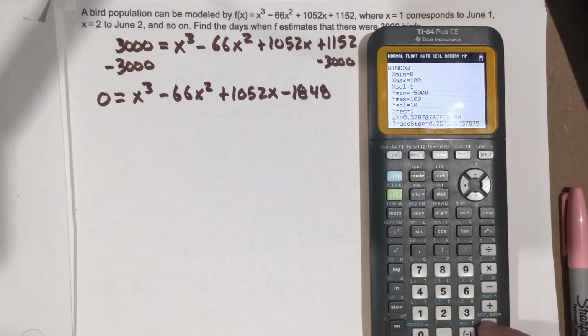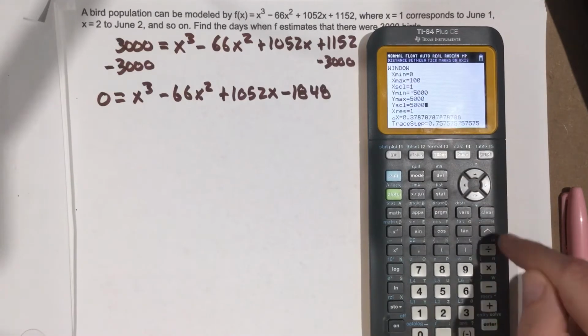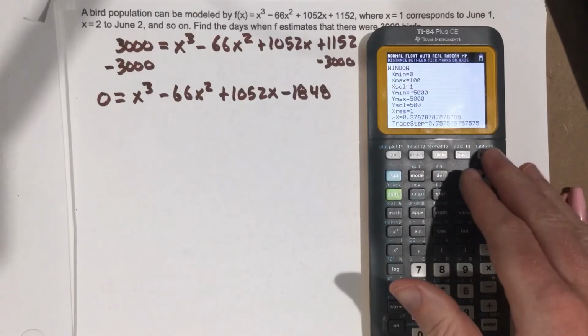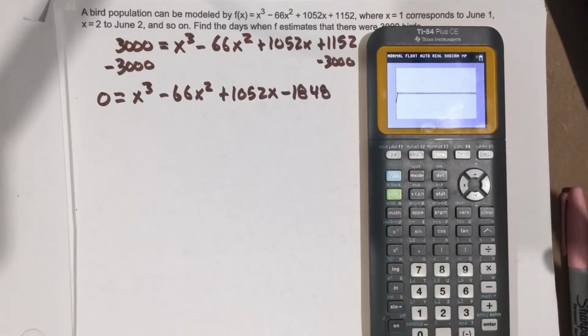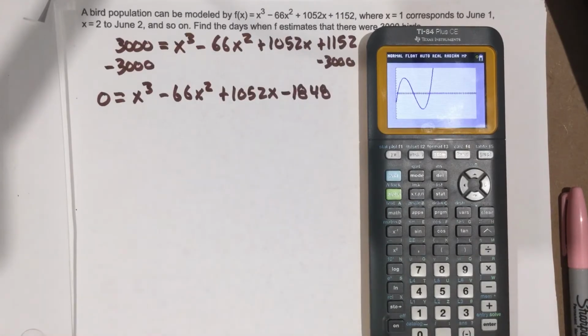Let's go up by 500. It's a little better. I'm just guessing here, and if it doesn't work out where we can't see the graph well, I'll fix it. It looks like we can see the graph, right?